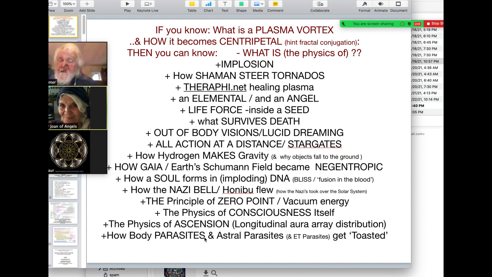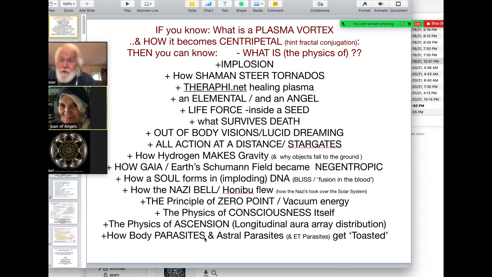So this perfect vortex that's centripetal is also the physics of zero-point energy. It's the generalized principle of how you implode charge from the vacuum. So essentially, if you have a source of bliss, you become a source of charge from the vacuum. People are saying, oh, why don't we have free energy devices? Well, I have an answer to you.